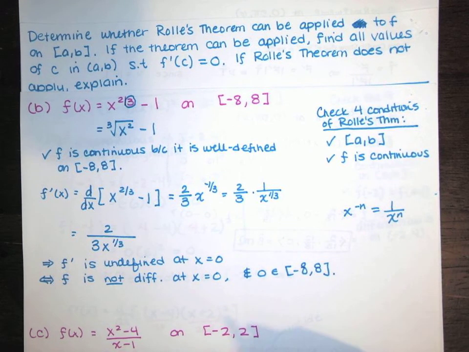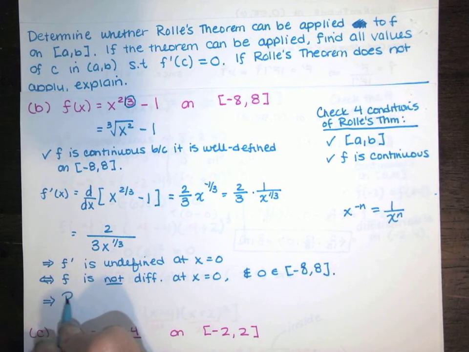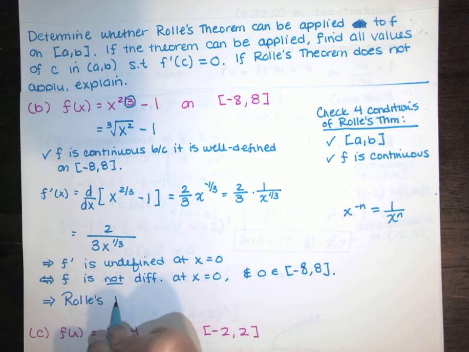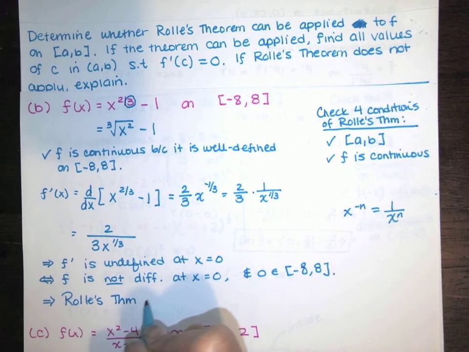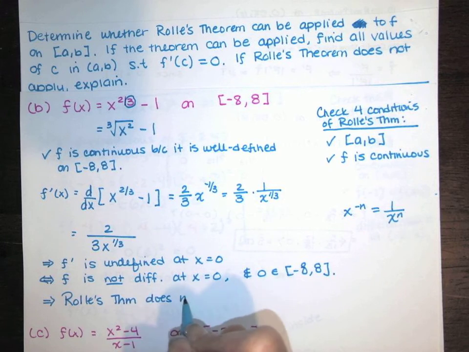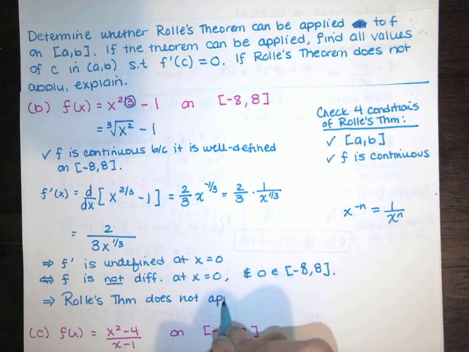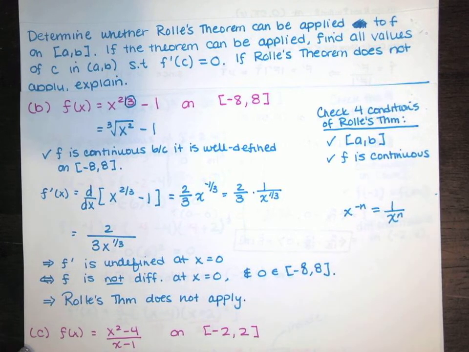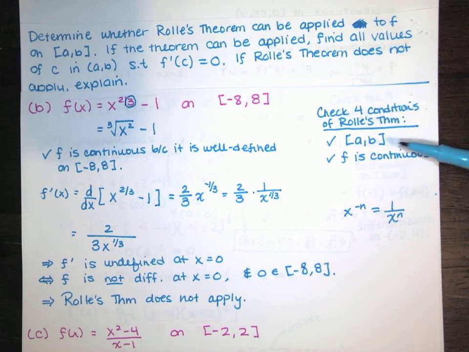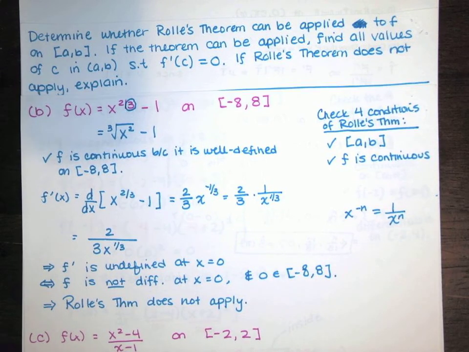So we've got a problem. So Rolle's theorem does not apply. So remember, the function has to be defined on a closed interval, f has to be continuous and differentiable, and the y values at the endpoints have to be the same.